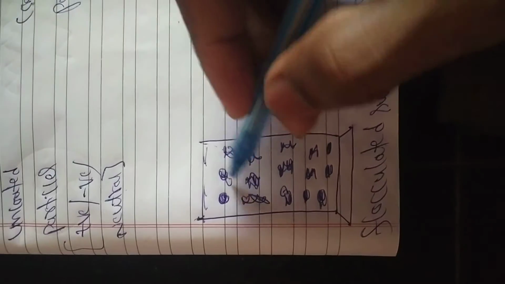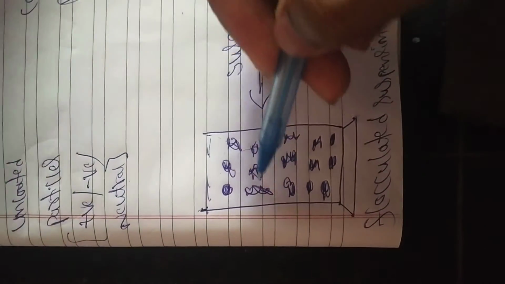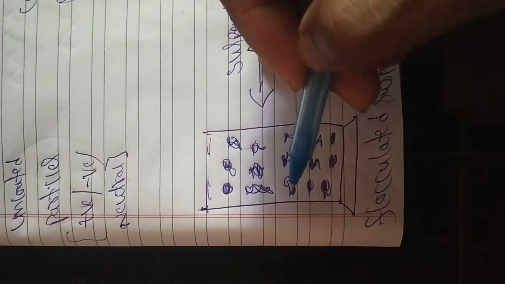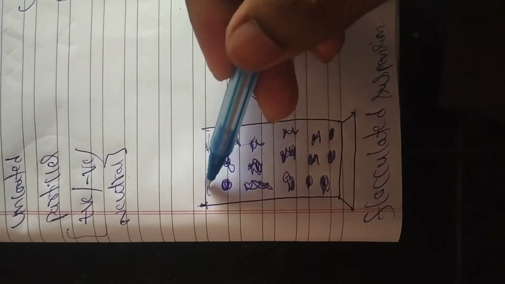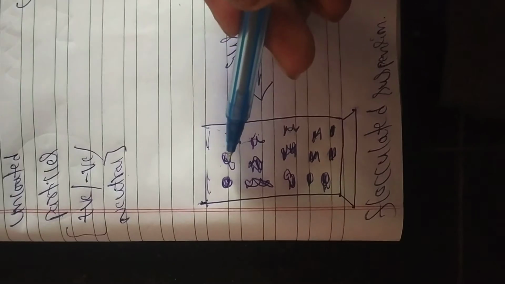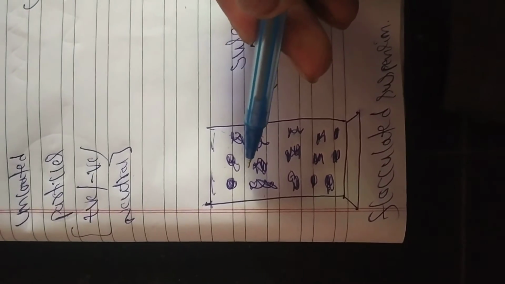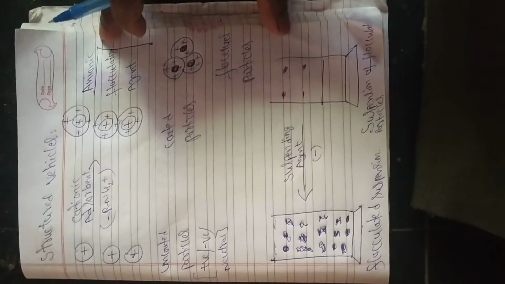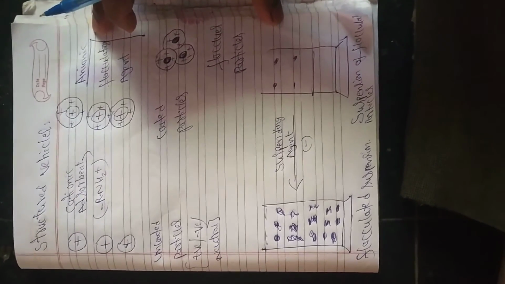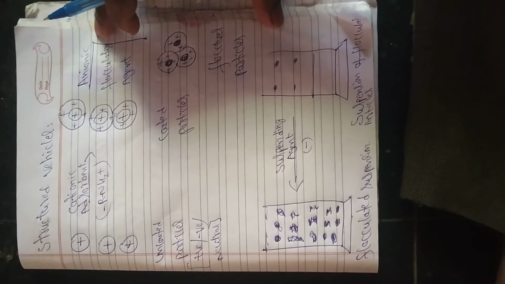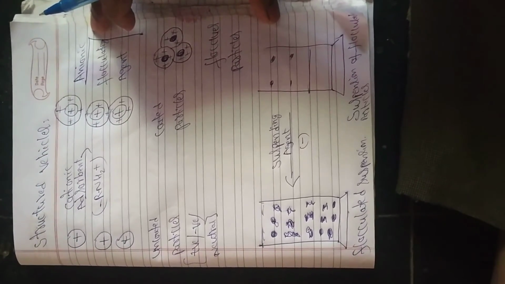In this suspension, floccules are dispersed as small, loosely aggregated floccules and dispersed uniformly throughout the suspension. This is the process involved in using structured vehicles for preparation of a flocculated suspension.